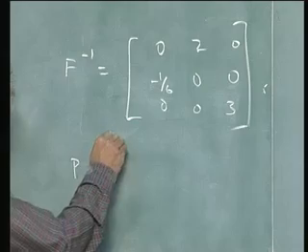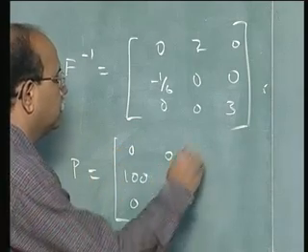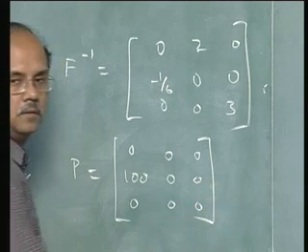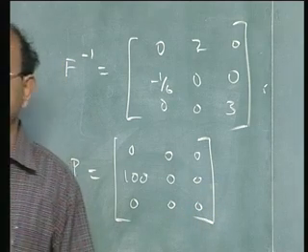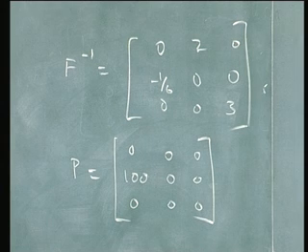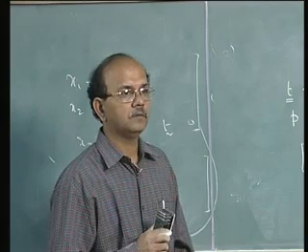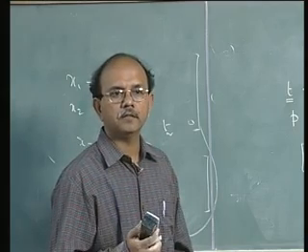P happens to be 0, 100, 0, 0, 0, 0. Okay. Now I have to calculate capital N, the normal. How do I calculate it?